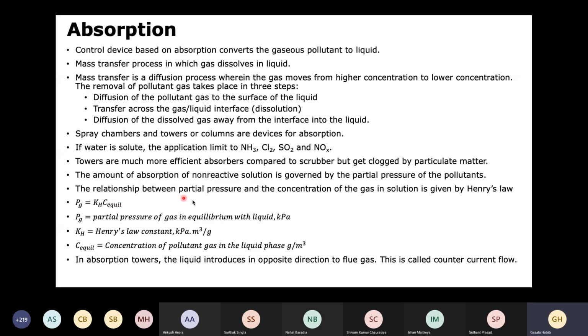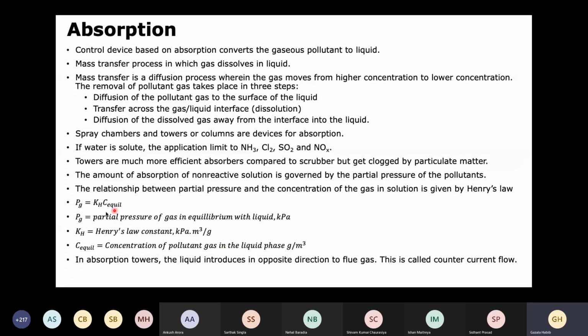The relationship between partial pressure and the concentration of gas in solution is given by Henry's law. It's a very common law, everybody knows about it. Pg is the partial pressure of gas in equilibrium with liquid, Kh is the Henry's law constant, and C equilibrium is the concentration of pollutant gas in the liquid phase.